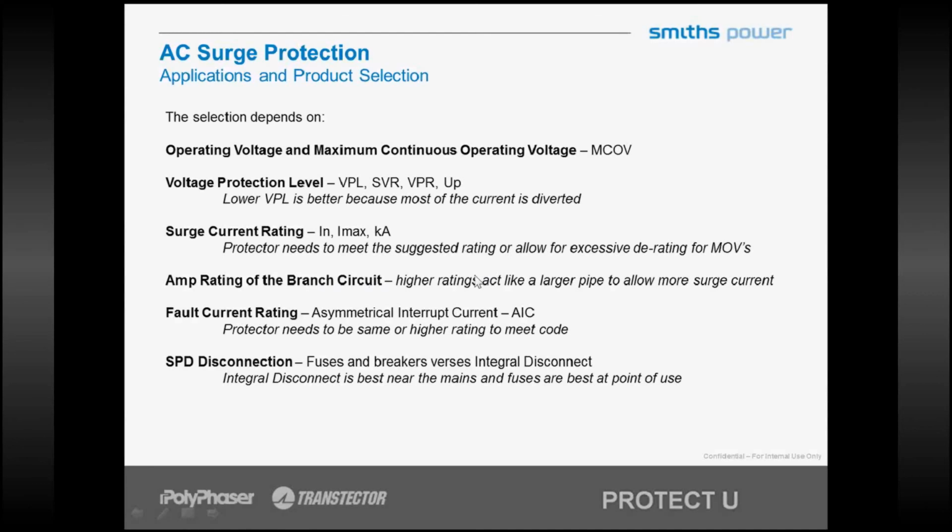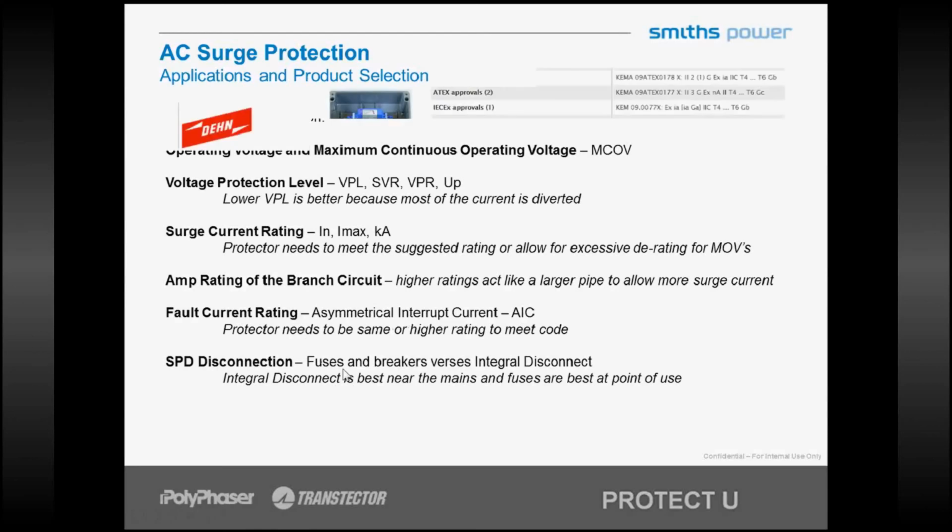Higher rating branches act like larger pipes to allow more surge current. The fault rating of the branch circuit. The asymmetrical interrupt current rating. The protector needs to be matched for the branch circuit that it's applied to. And the SPD disconnection has to have a method for safe and effective disconnect of the protection device from the AC power.